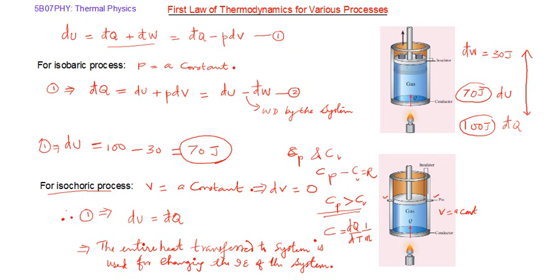So please think why Cp is always greater than Cv. The answer lies in the explanation of the isobaric process condition and the isochoric process condition. We will be revisiting this topic later, but this is food for thought after the session.